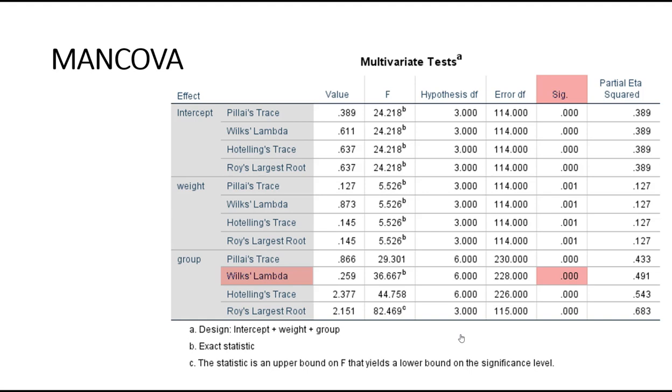You can see that the statistical significance value is 0.000. This is shown in the Sig. column. This means that at p is less than 0.001, the one-way MANCOVA is statistically significant. That is, there are statistically significant differences in the combined health variables between physical activity levels after controlling for weight.